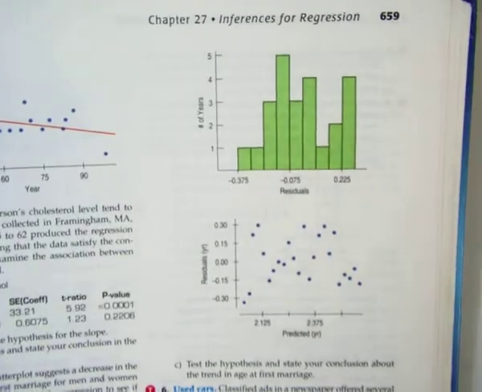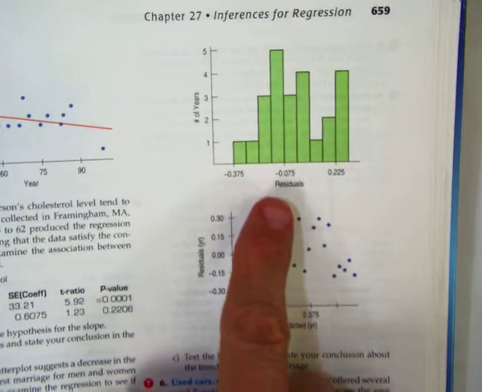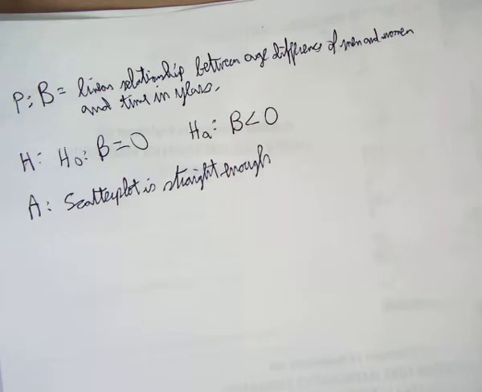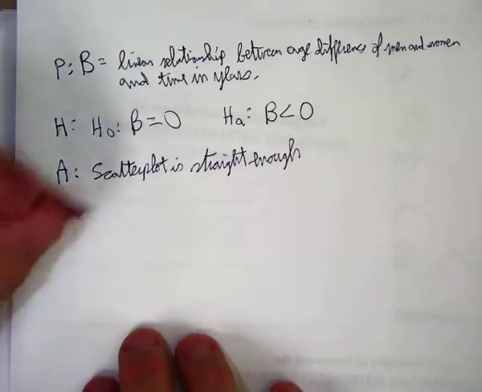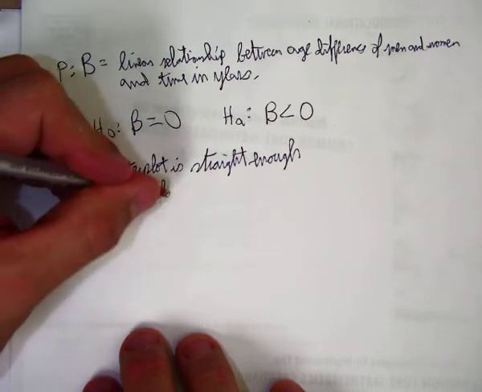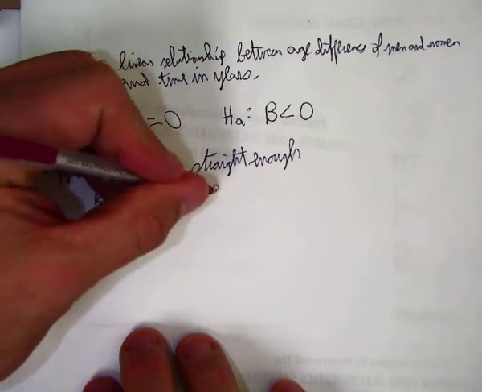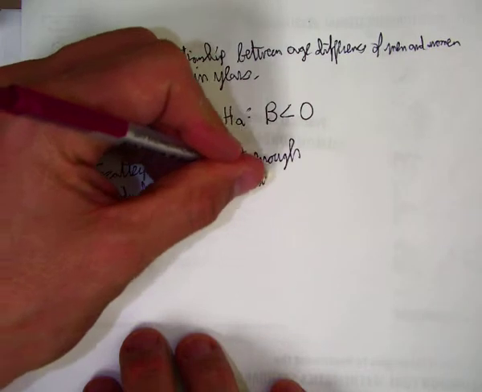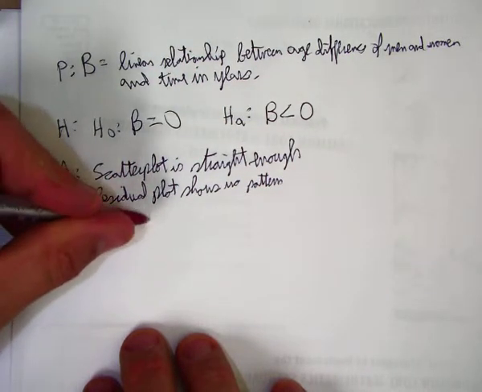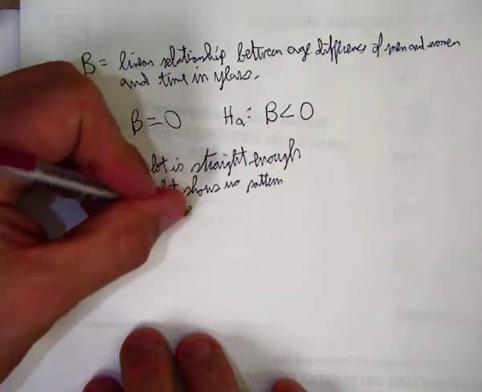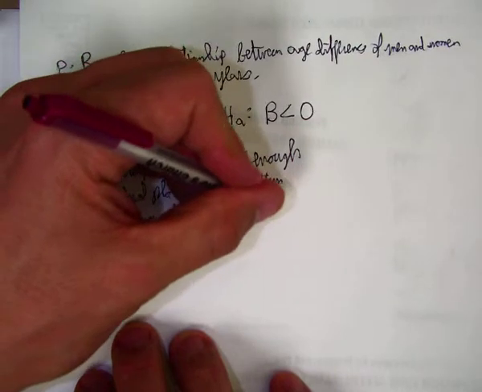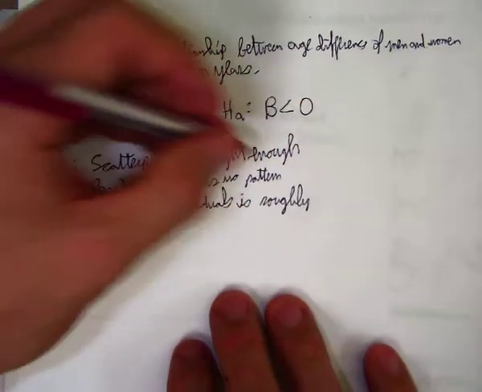The histogram of the residuals is roughly unimodal and symmetric.